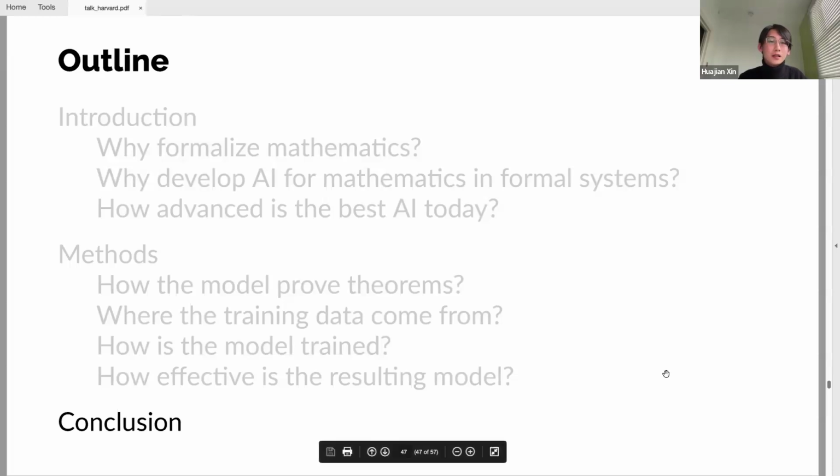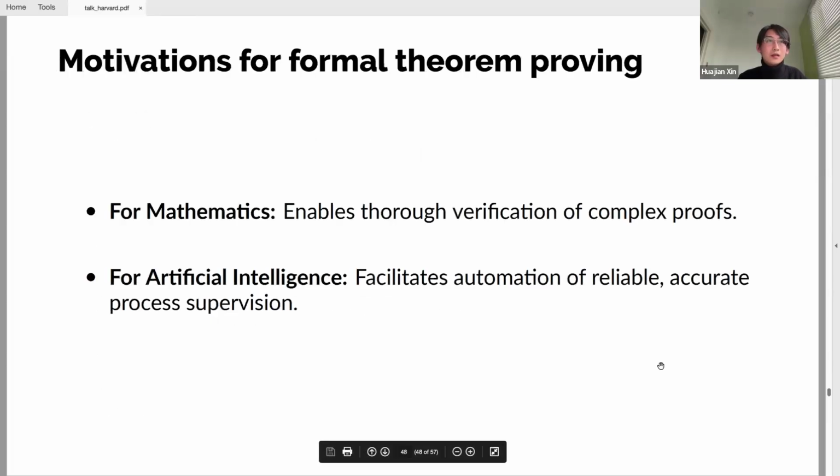Finally, we arrive at the conclusion. Today we have discussed why formal mathematics and AI can be advanced together, and examined DeepSeek-Prover's method and results.